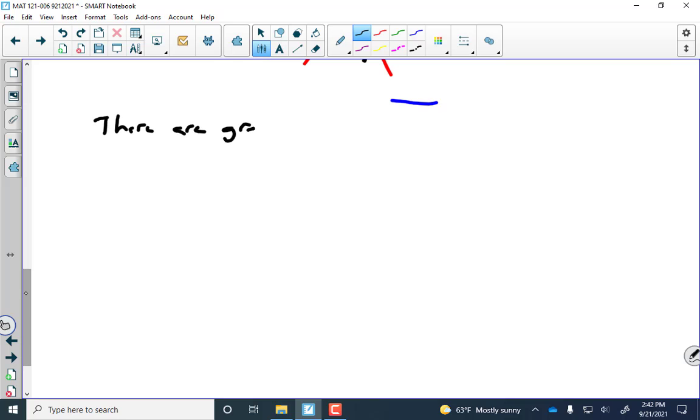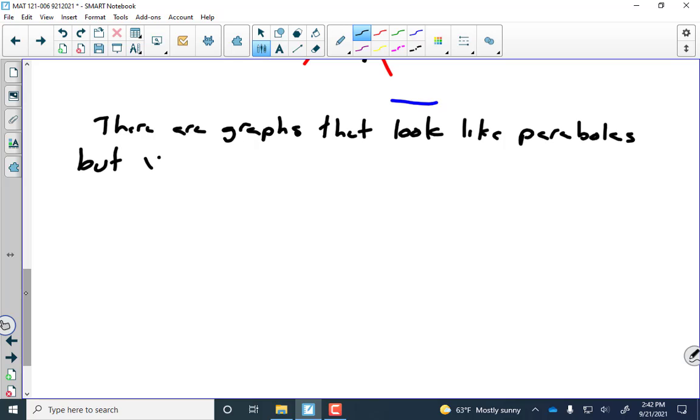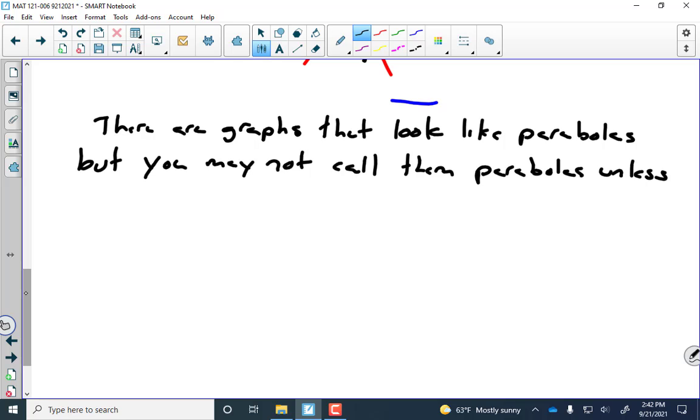There are graphs that look like parabolas, but you may not call them parabolas unless the equation is a quadratic.